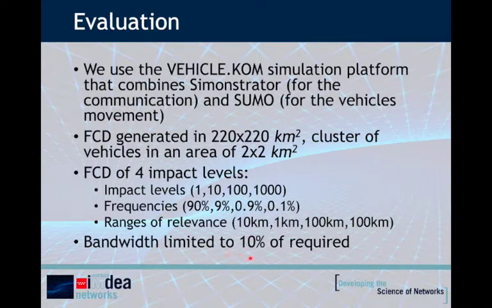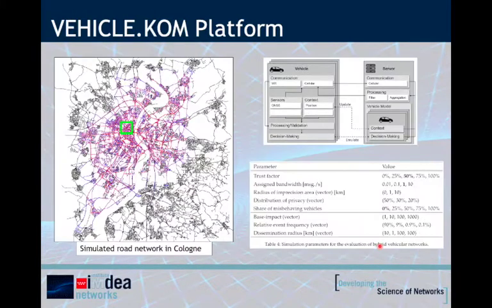In general, we're going to assume that the bandwidth is limited, and by default, we're going to assume that the bandwidth is limited to only 10% of the bandwidth required. In particular, we're going to assume that 100 messages per slot are generated, and only 10 messages per slot can be received by a given vehicle.